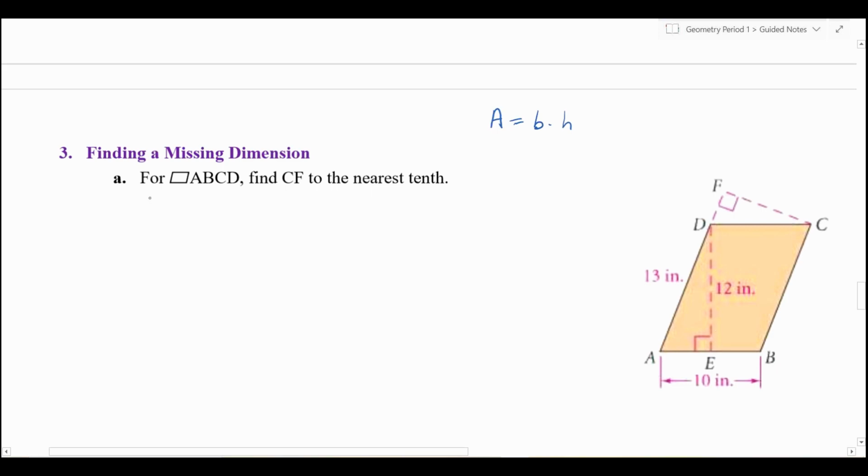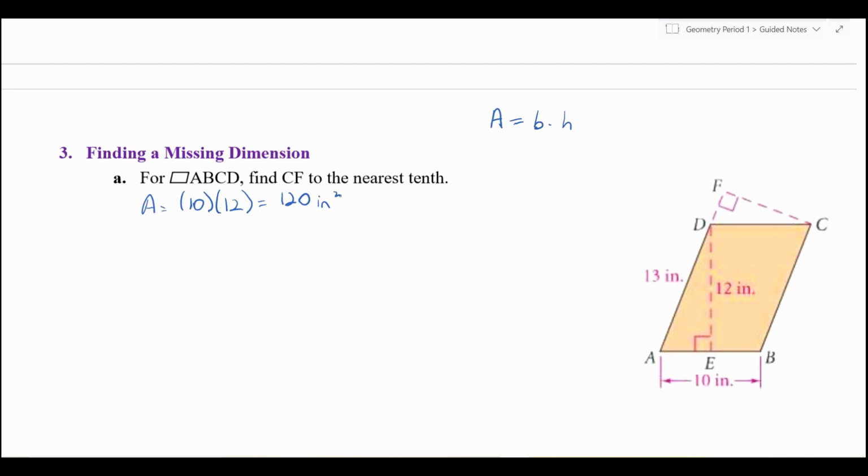So the area is going to be 10, which is my base, times my height, which is 12, and I get 120. The units are in inches, so it's 120 square inches, right? That's fantastic. We got the area, but we haven't answered the question as to what's the length of CF.